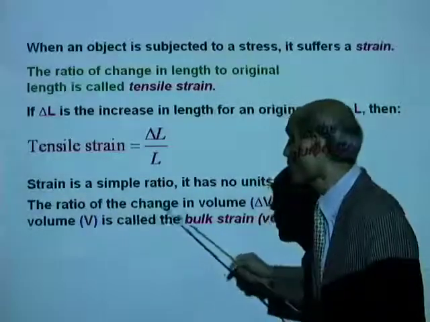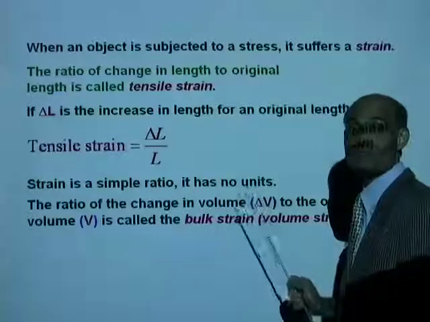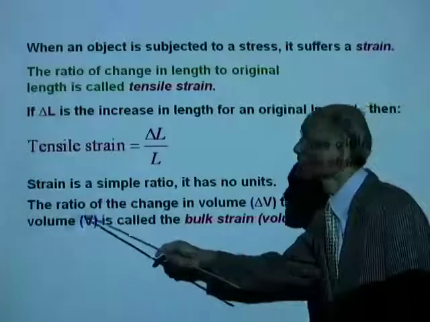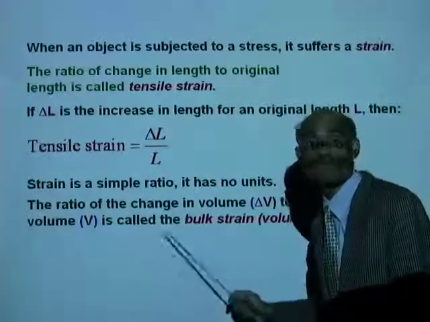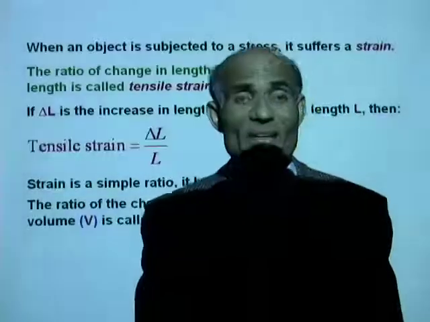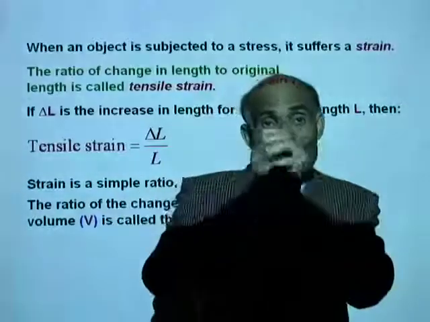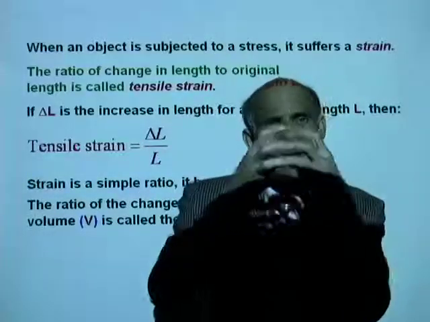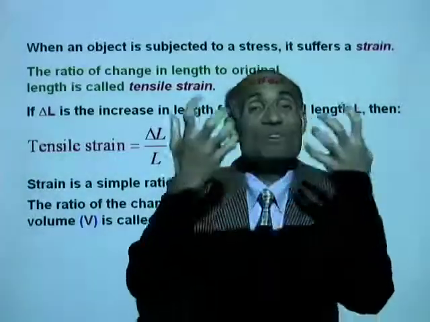The ratio of the change in volume delta V to the original volume V is called the bulk strain. Bulk strain. You see, the compressional forces produce a bulk strain, change in volume.